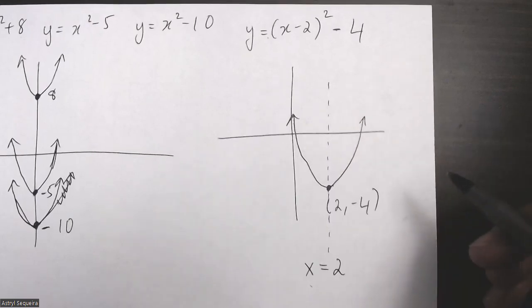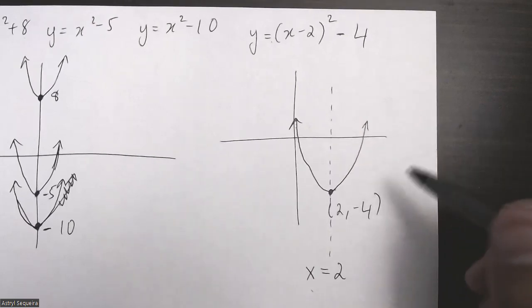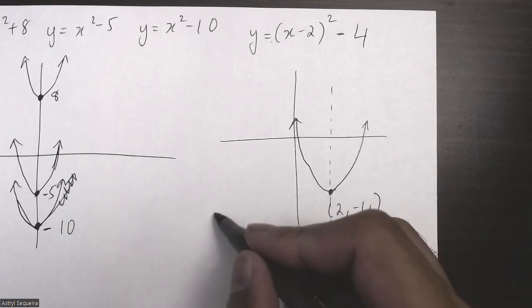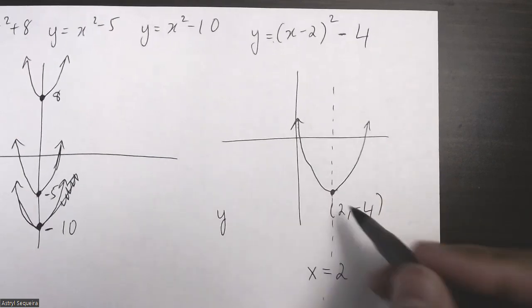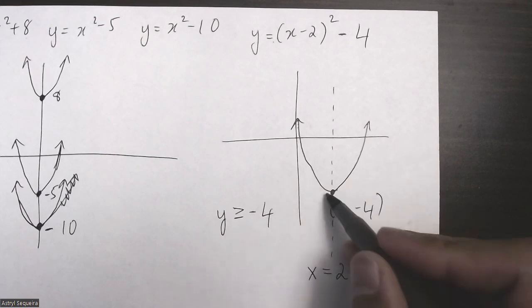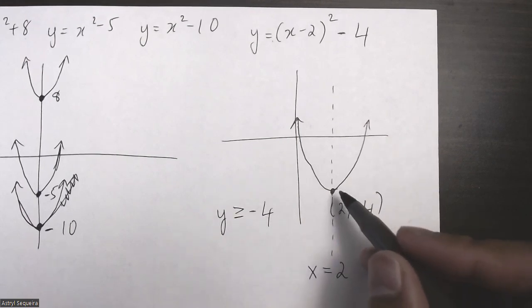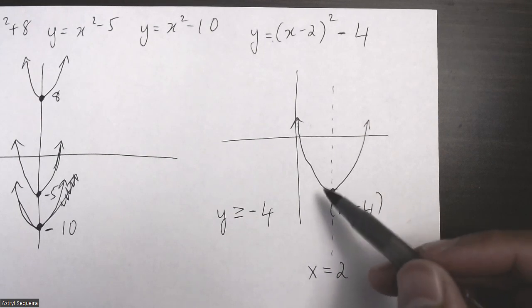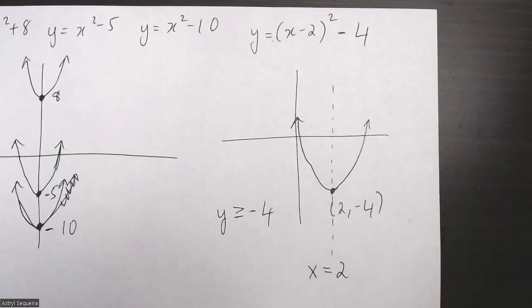And what about y? Well, y has to be greater than or equal to -4, because -4 is the lowest possible y value, and y has to take any value equal to or higher than that.